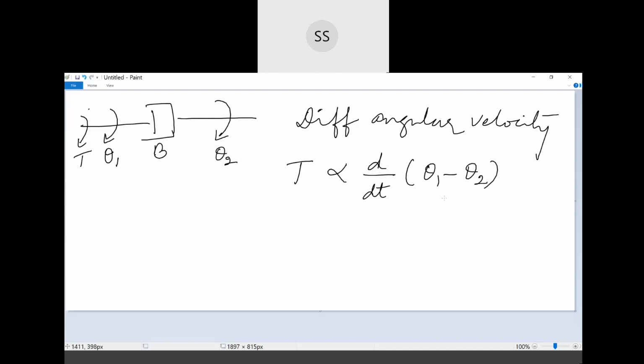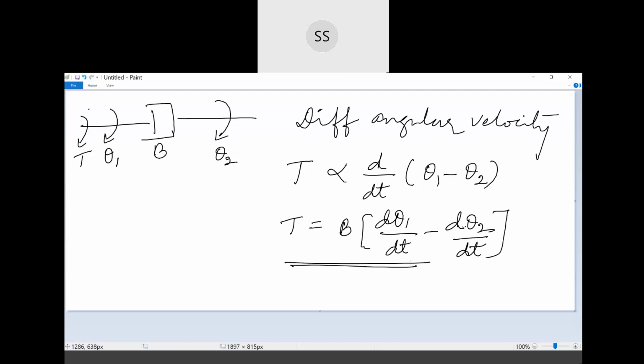So this is the expression in case of the friction element or the damper which is associated with two different displacements, or you can simply write T is equal to B into d theta 1 by dt minus d theta 2 by dt. This is the final equation for the damper element experiencing angular displacement at both ends.